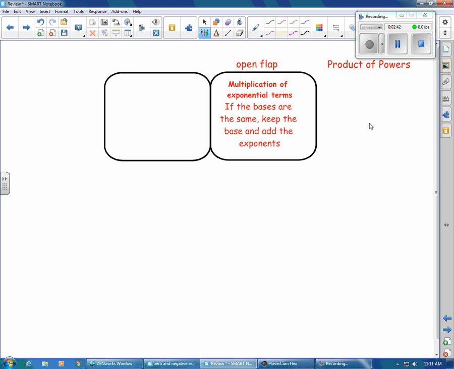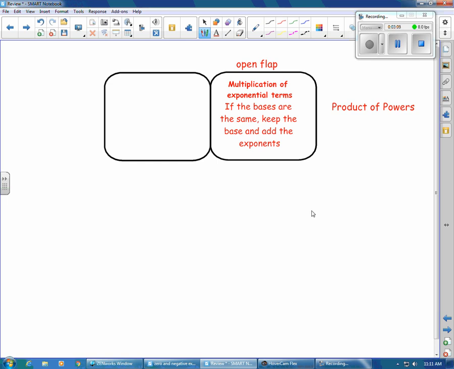Next one, product of powers. That's on the right-hand side, so you're going to open up that right flap. What is the product of powers? It's multiplication of exponential terms. We may not have called it product of powers in class, but that's what the graphic organizer is calling it. The definition: if the bases are the same, keep the base and add the exponents.